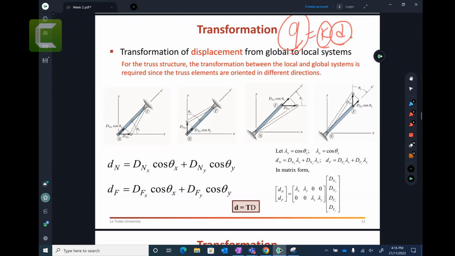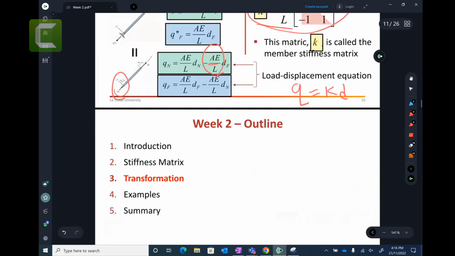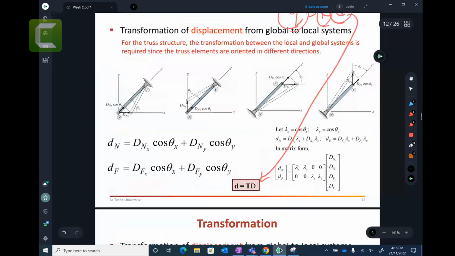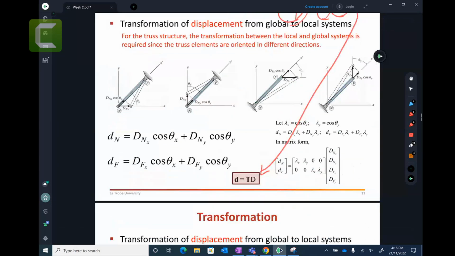Now, these displacements, we can transform into the global, because we want to make a relationship between local and global. So let's have a relationship between the displacements. If you know the local displacements, you can get the global displacements, or if you know the global displacements, you can calculate the local displacements using this relationship.